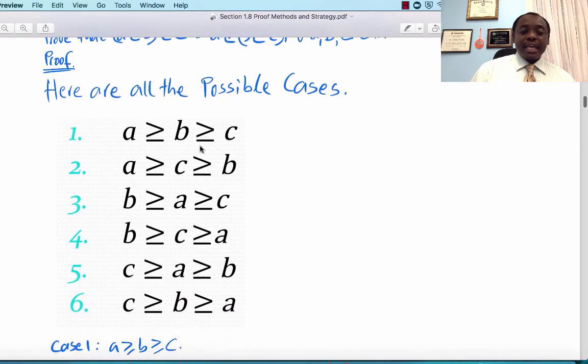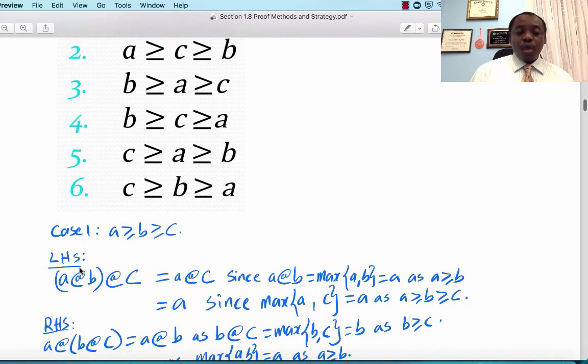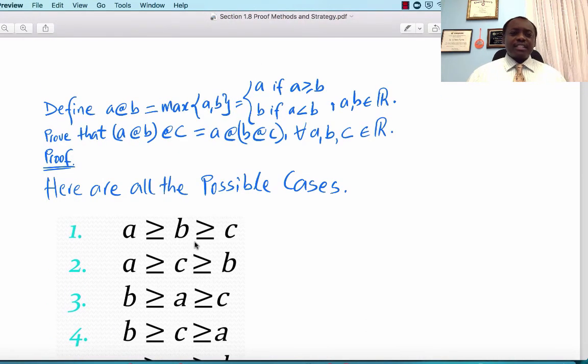So let's go ahead and do case 1. So case 1, A greater than or equal to B greater than or equal to C. Now, when you're proving things, at this point, we expect that you would just relax and follow the procedures we have outlined in 1.7. So I want to prove that (A and B) and C equals A and (B and C).